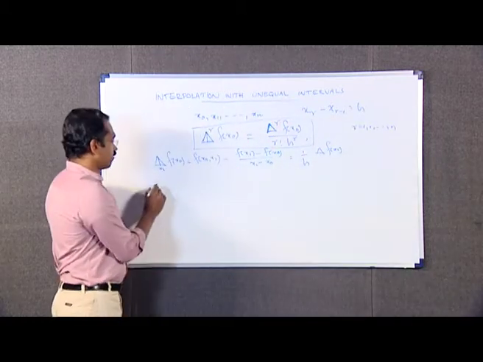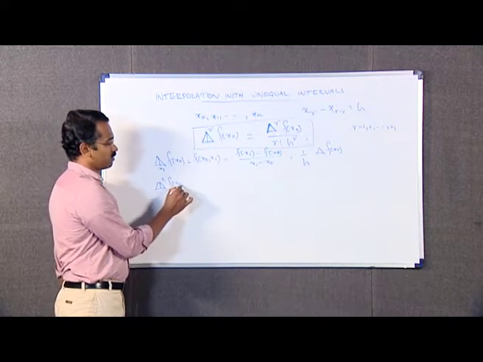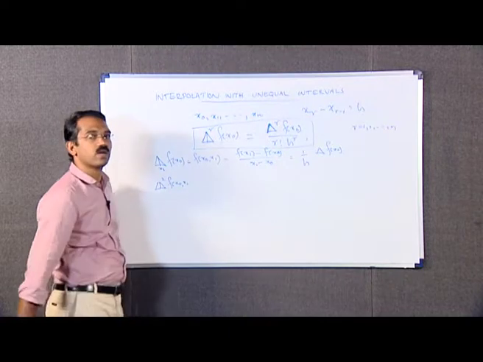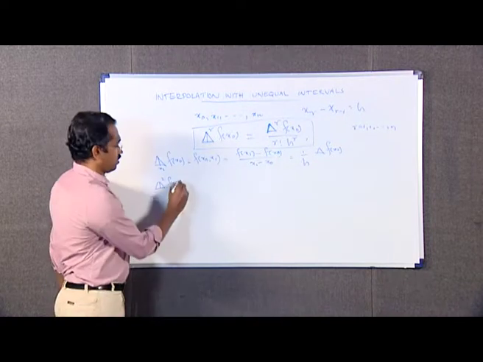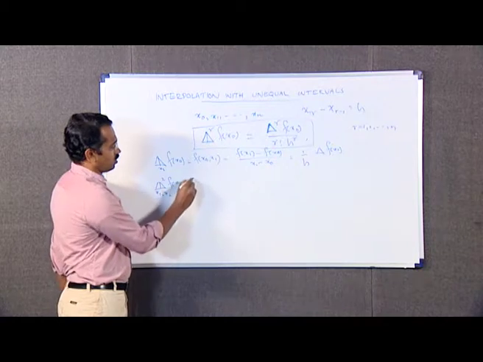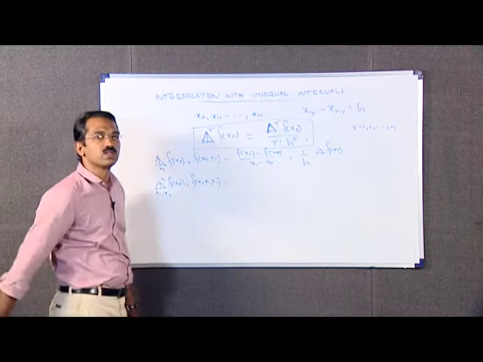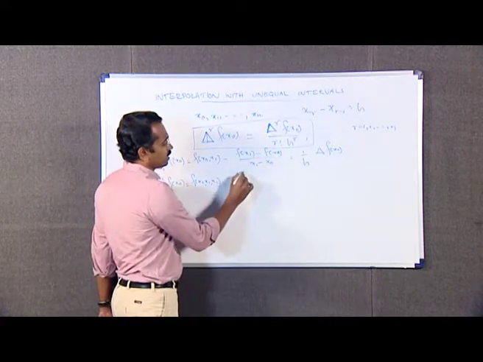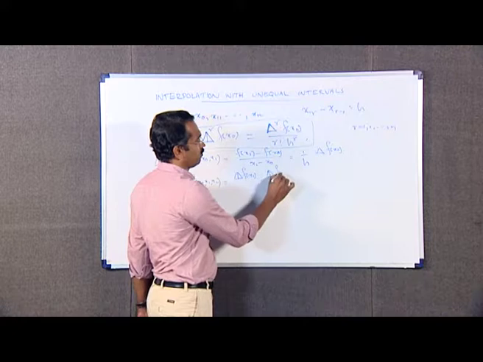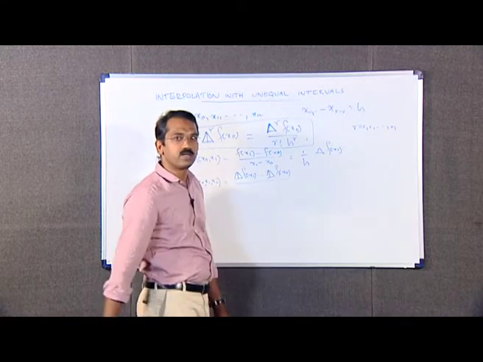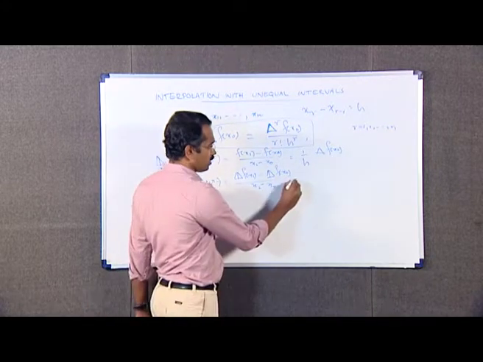The second order divided difference between the arguments x0, x1 and x2, by definition, is equal to divided difference f of x1 minus divided difference f of x0 divided by x2 minus x0.